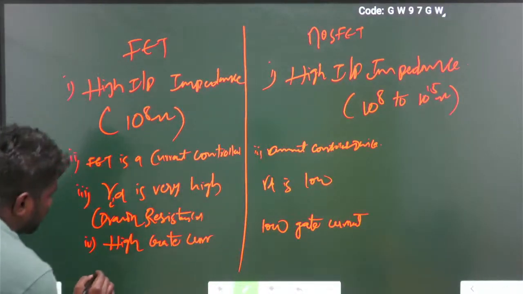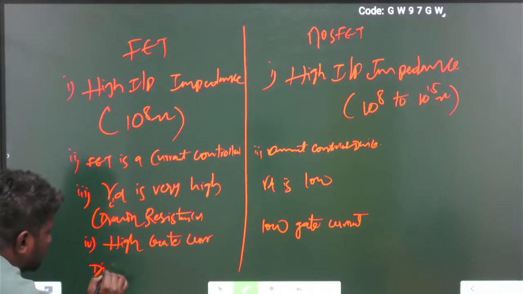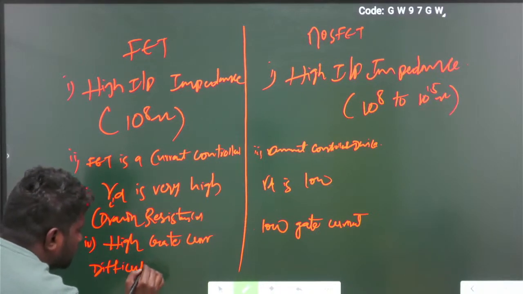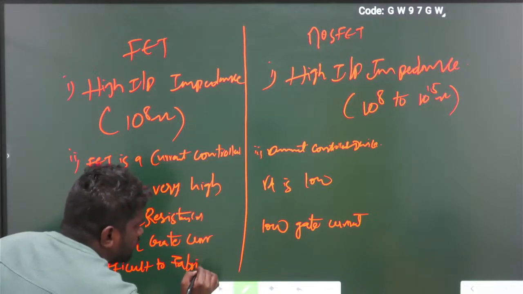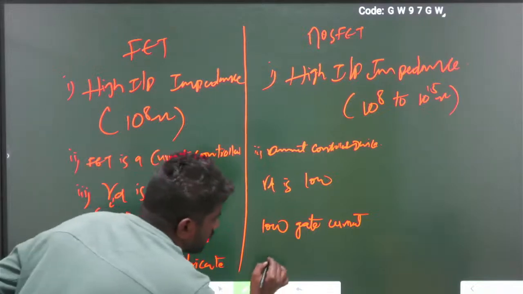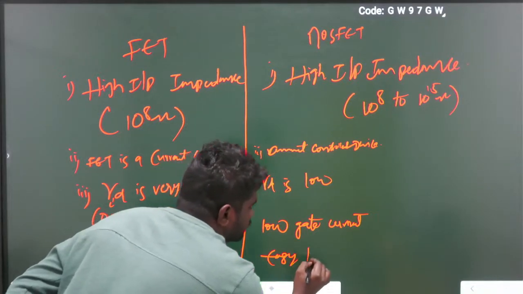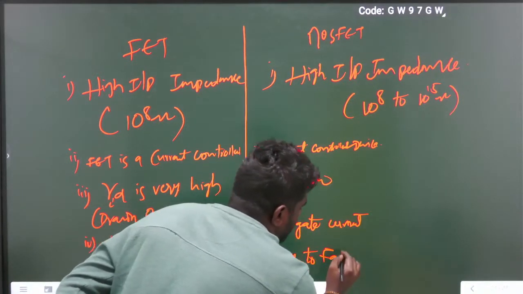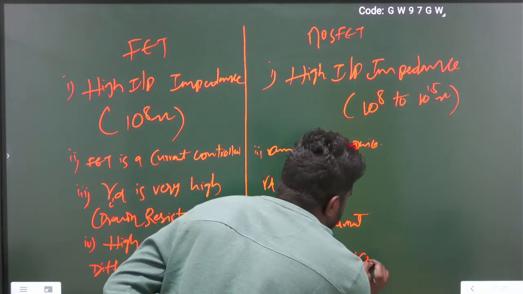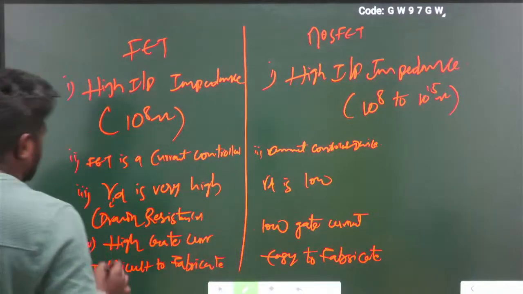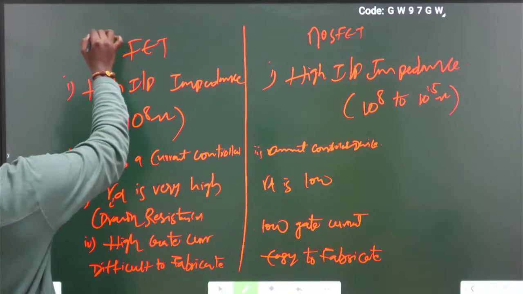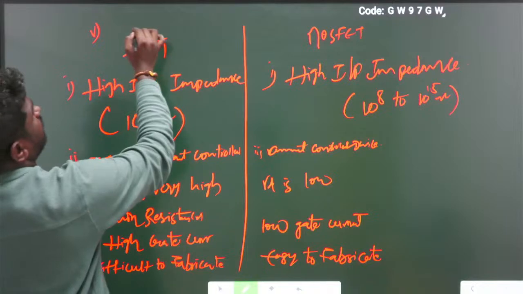Okay? FET is difficult to fabricate, MOSFET is easy to fabricate. One more point is there, the fourth, fifth. This is a very, very important point.